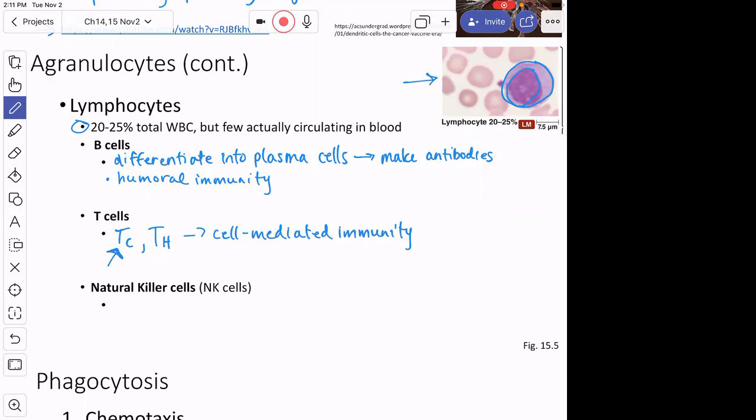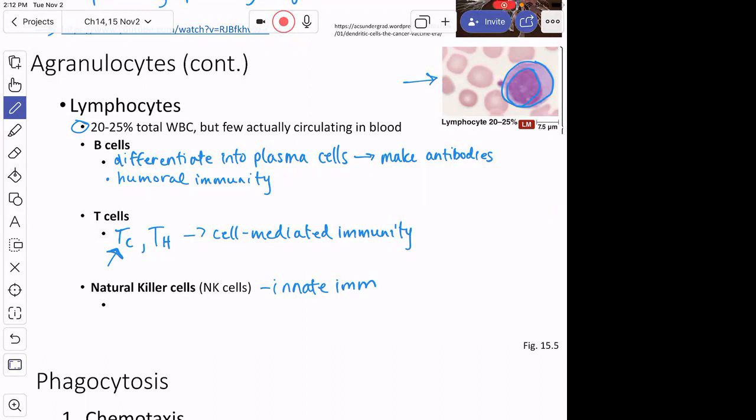And just to mention briefly here, natural killer cells actually function as part of innate immunity, where B cells and T cells are considered adaptive immunity, really very specific receptors for different kinds of invaders.